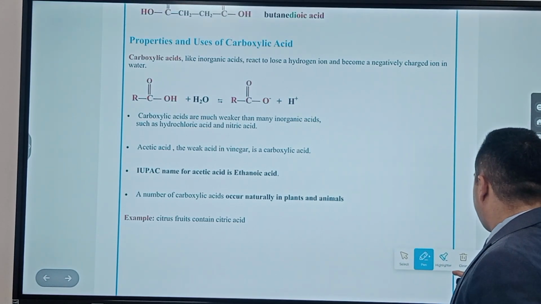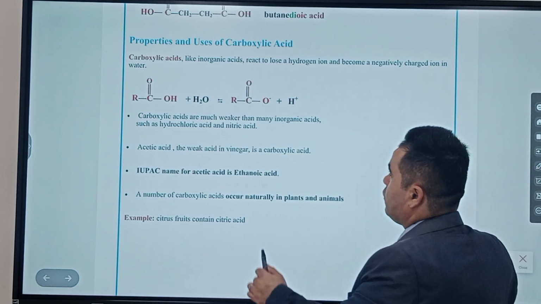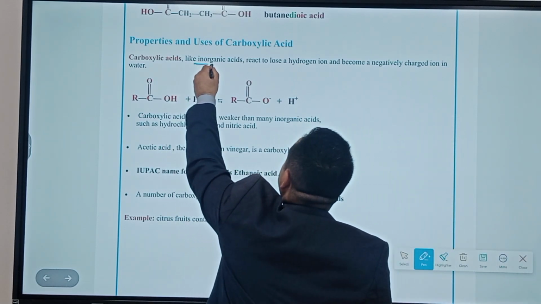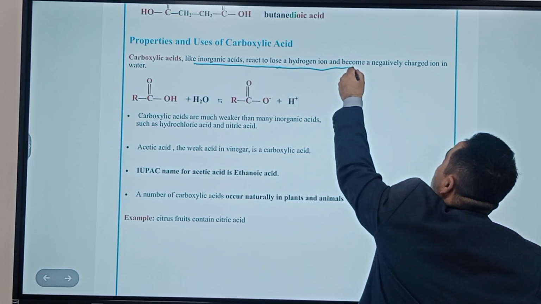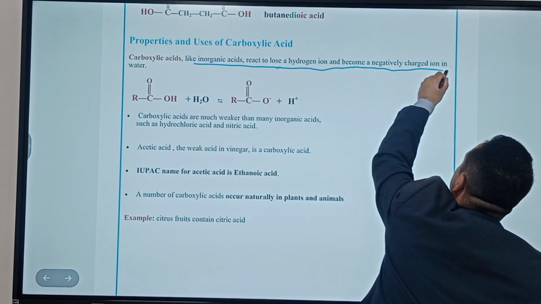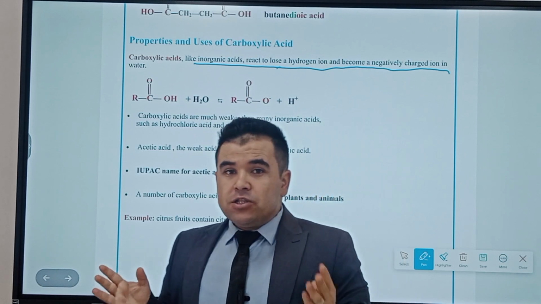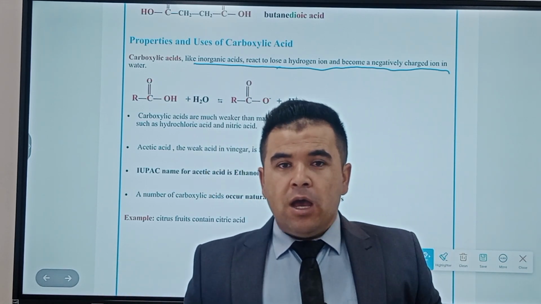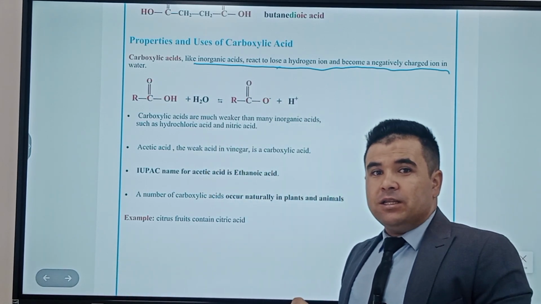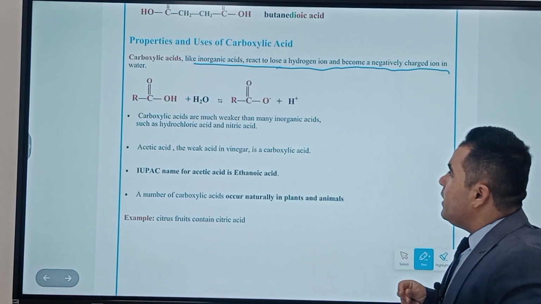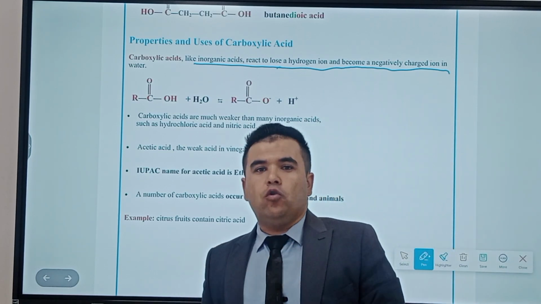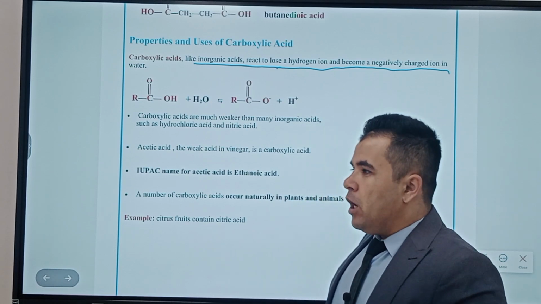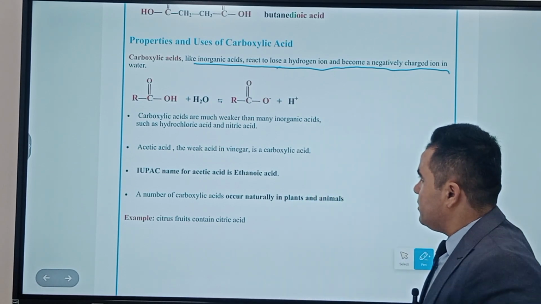Let us talk about the properties, guys. Carboxylic acids, like inorganic acids, react to lose a hydrogen ion and become a negatively charged ion. CH3COOH, the carboxylic acid ethanoic, has a tendency to donate a proton according to Bronsted theory, to behave as an acid.